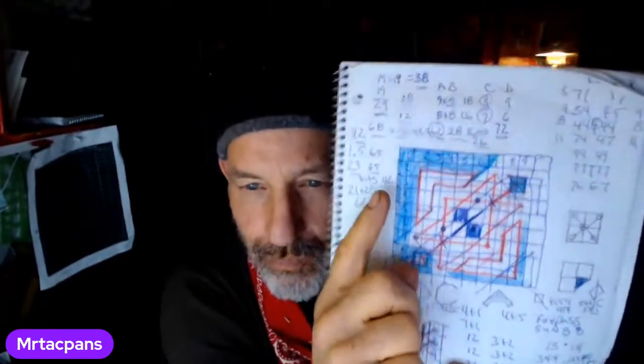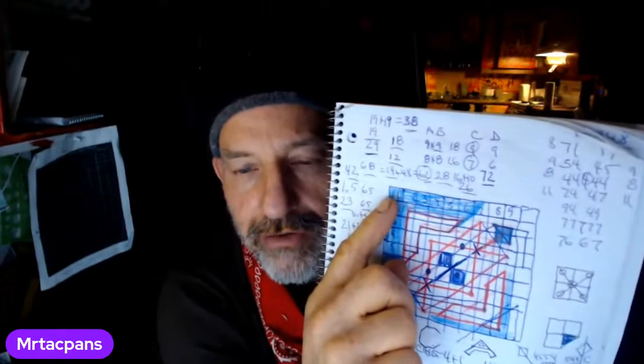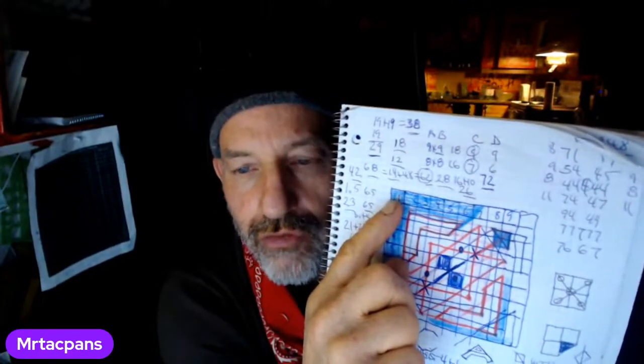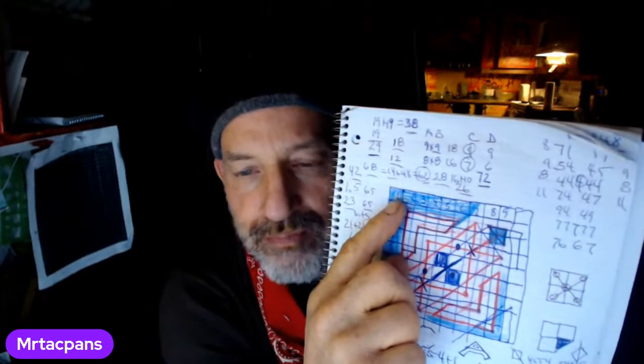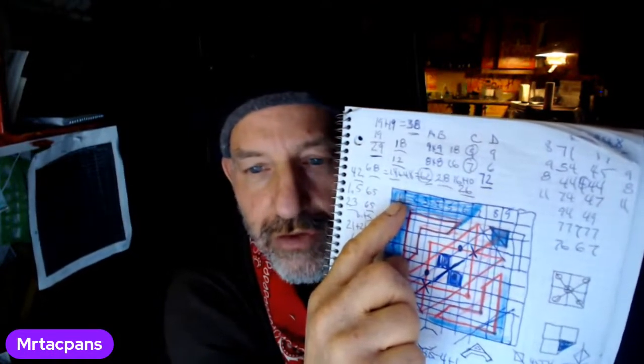But should I have started with 1 over here, is my question? Or should I have started with 0? There are two ways to look at it.